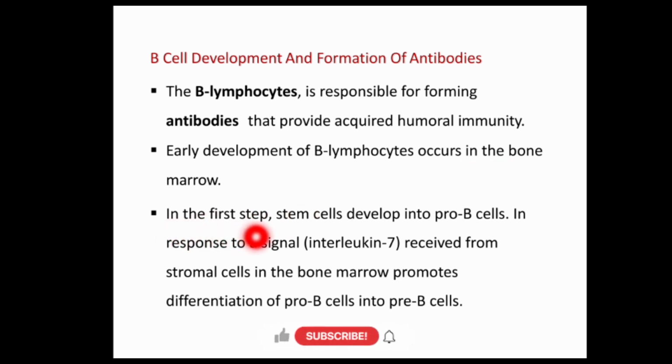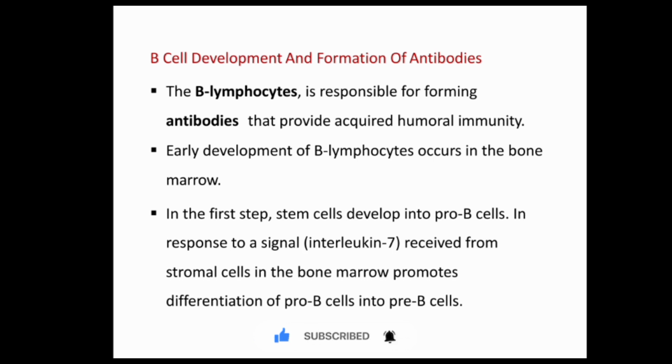In the first step, stem cells develop into pro-B cells, and in response to the signal interleukin 7 received from the stromal cells in the bone marrow, they differentiate into pro-B cells and pre-B cells. Okay. In upcoming slides, I am going to show the pictures.